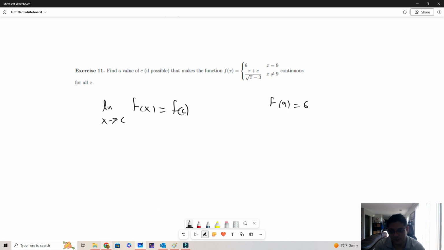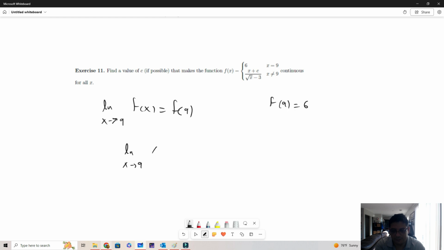So I can change this here for 9. Instead of using c, now I'm going to be using 9. And I want this to happen. So first, I need to figure out how to make the limit when x goes to 9 exist.